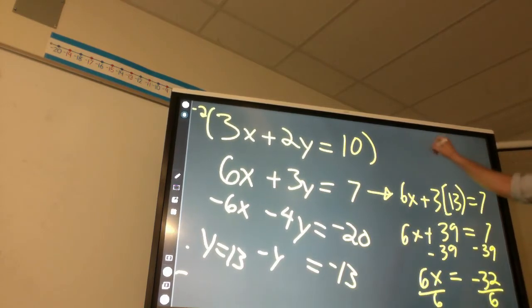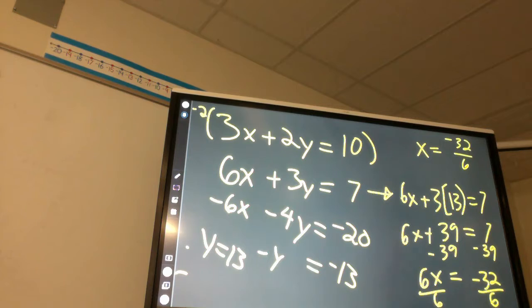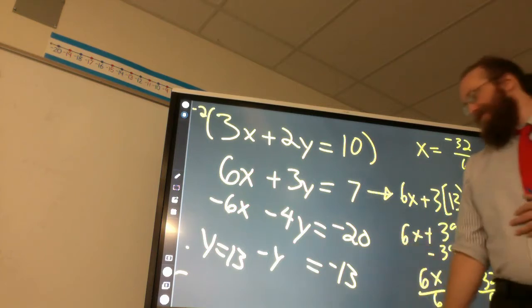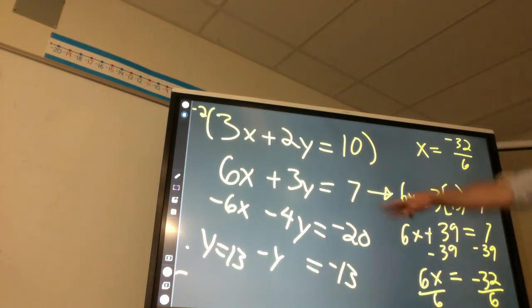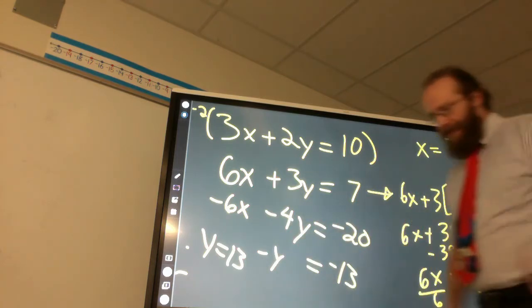And we get x equals negative 32 over 6, or 5 2/6. We could take that and plug it back in to find our y value. Or sorry, never mind. We already have our y value of 13. So our x value is negative 32/6, and our y value is positive 13.